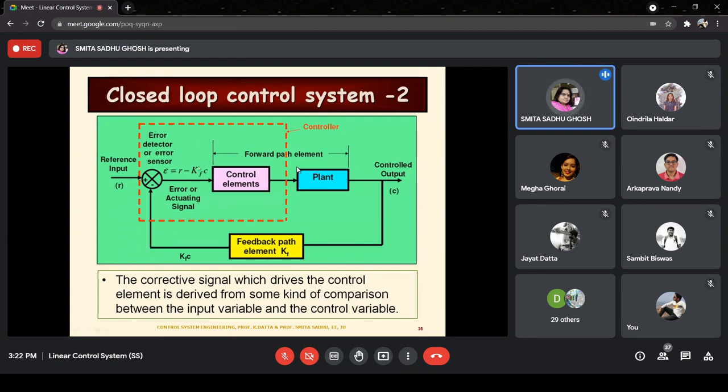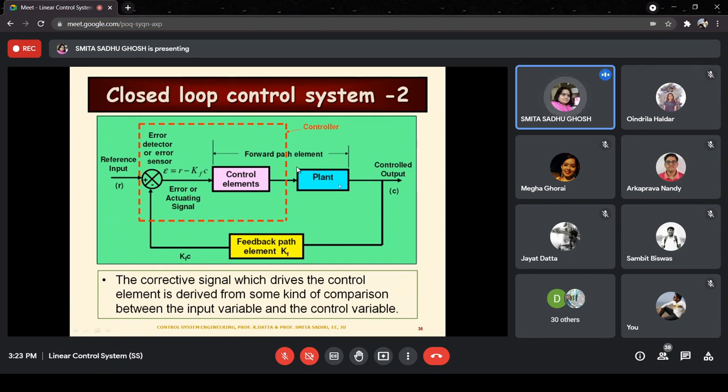If KF is equal to 1, you will have a zero error. So zero error would imply that a zero signal is being input to the control elements. A zero signal is what you are going to get as far as the plant is concerned. So if the controlled output is at a particular value, no further corrective action has to be taken.